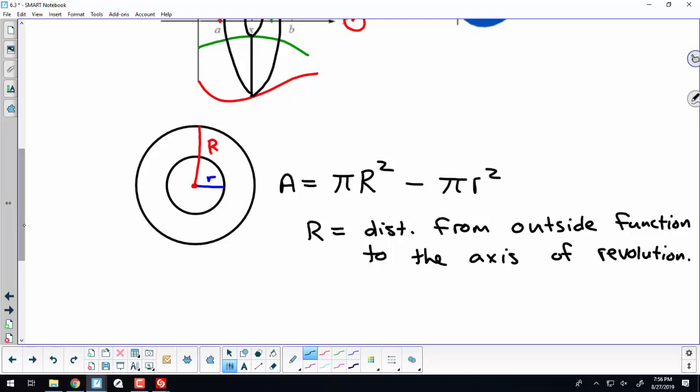And then lowercase r is the distance from the inner function to the axis of revolution.